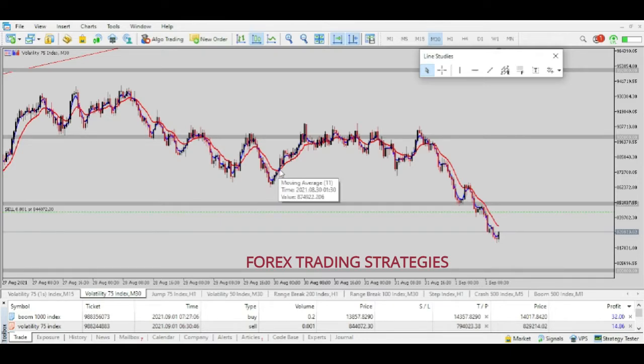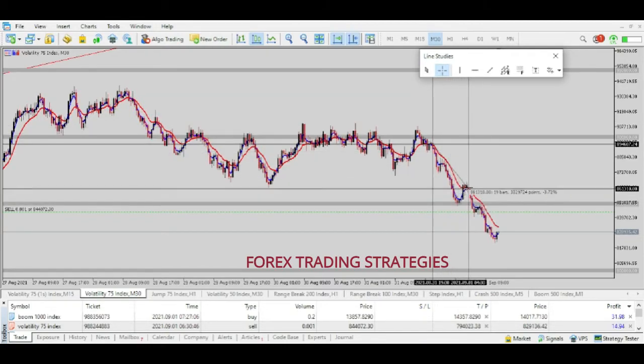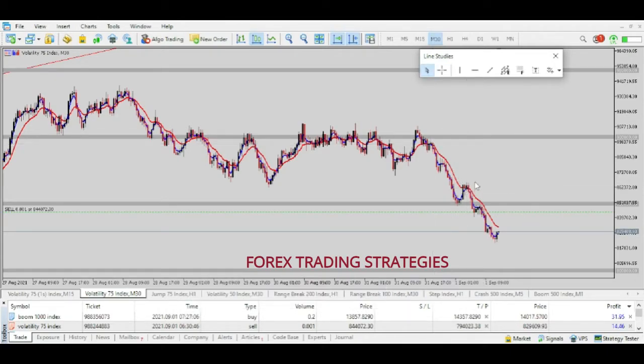When it retraces up to here, it's a decent move. Of course, you get some moves like this, and there it might close you out, or it might not, where you probably get around 33,000 pips.